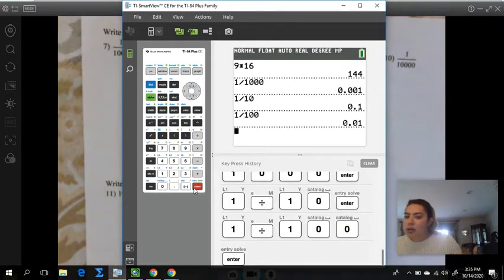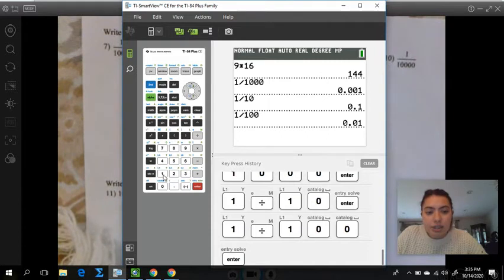So just getting a feel of where the decimal place is and how many zeros are in front of it, we can work backwards to figure out how to write each number as a power of 10 using negative exponents.